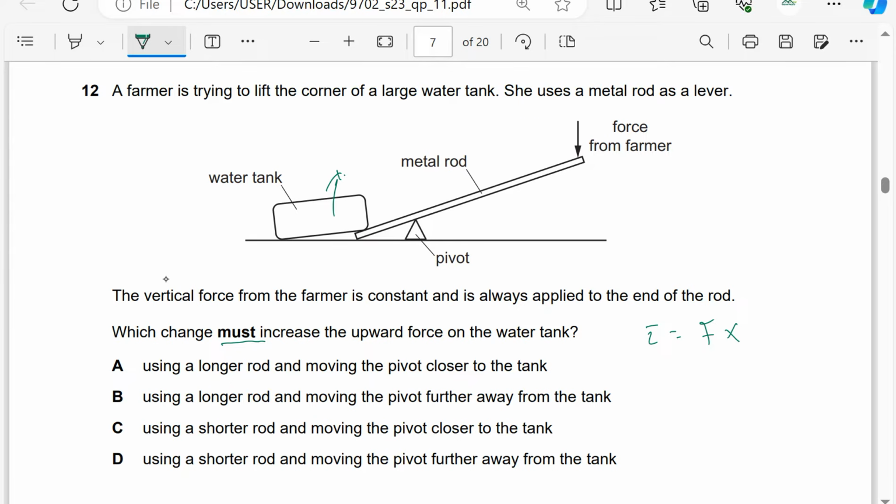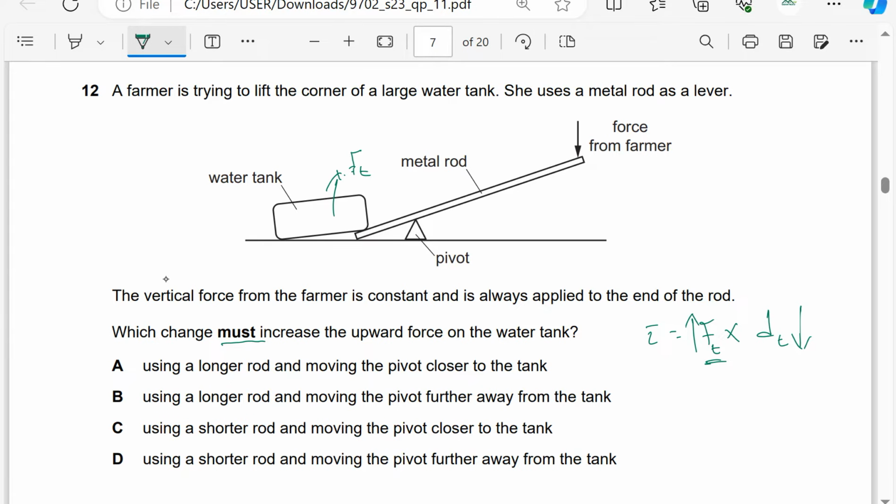The force here is going to be the force on the tank, I'll call it Ft. To make Ft bigger, remember this is times the distance of the tank from the pivot. So if I want to make Ft bigger, definitely I must reduce the distance.